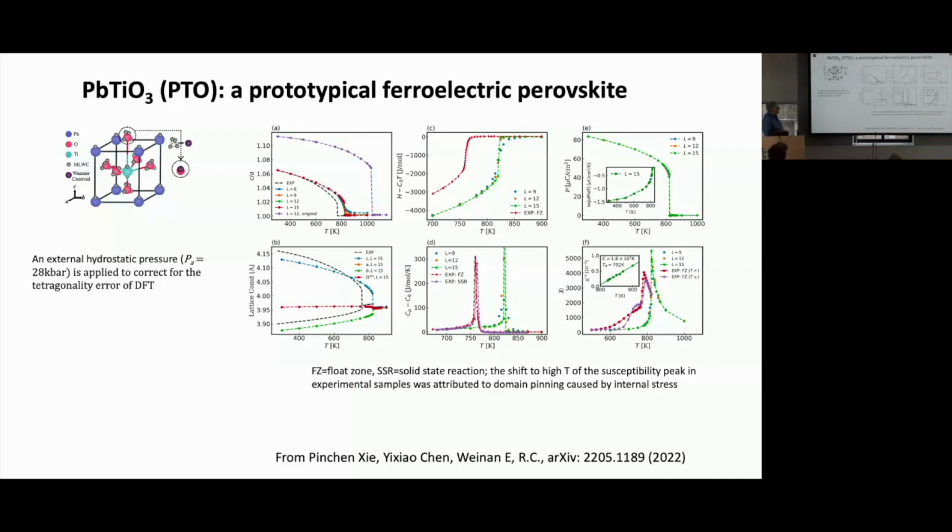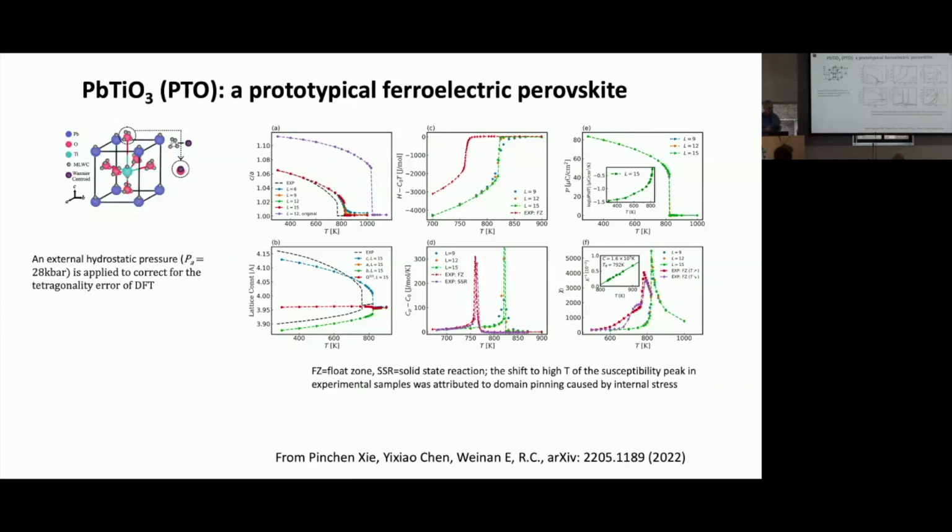This is the deviation, and we can also study how the properties depend on finite size effects. In fact, we find that finite size effects become rather small only when we go to L equal 15, which means 15 by 15 by 15 unit perovskite cells.